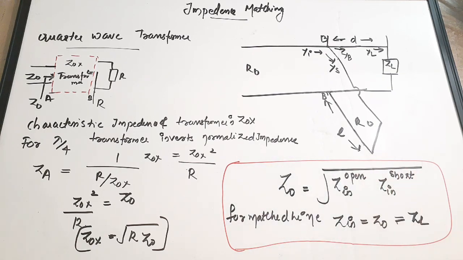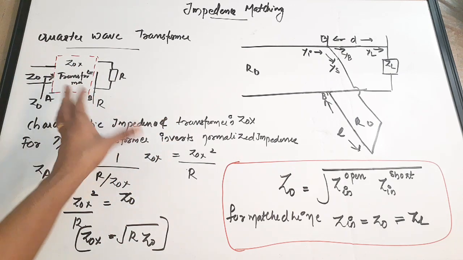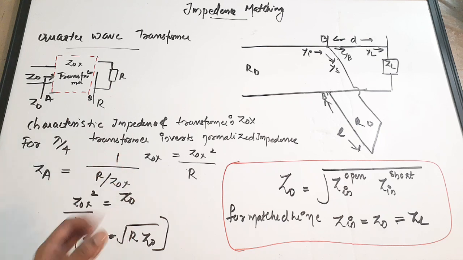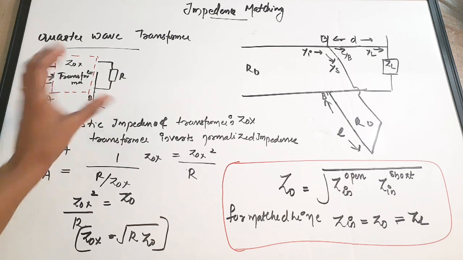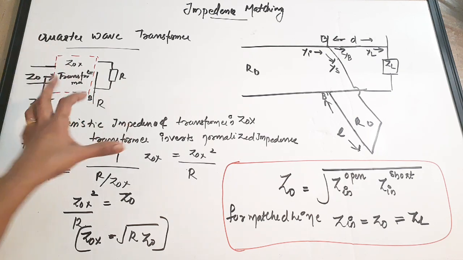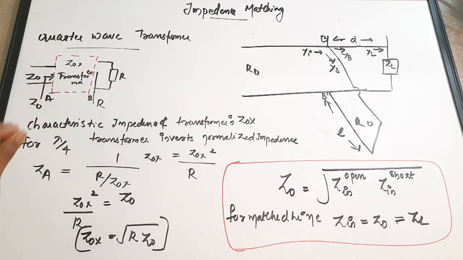Now let us see what impedance matching is. Whenever we connect a transmission line to a load, due to the mismatch between the load impedance and the characteristic impedance of the transmission line, there will be some reflections and some losses at the load side. In order to avoid these reflections and losses due to the impedance mismatch, we use impedance matching techniques.